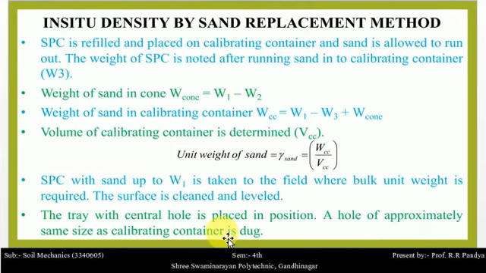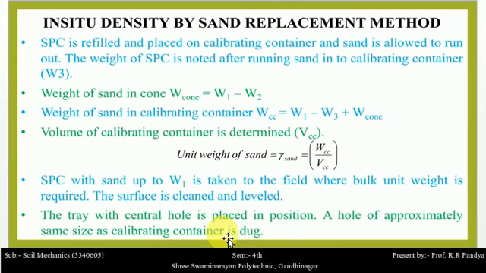The sand pouring cylinder is refilled and placed on the calibrating container and sand is allowed to run out. The weight of the sand pouring cylinder is noted after running sand into the calibrating container. Note it down as W3.